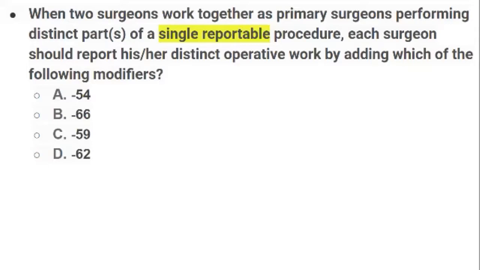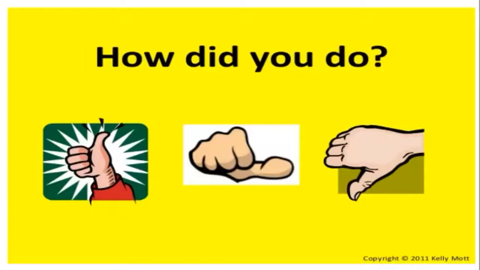So it's 62, right? 2 surgeons. 62. How did you do? Did pretty good. Okay, that was just a little tidbit of how we use modifiers.